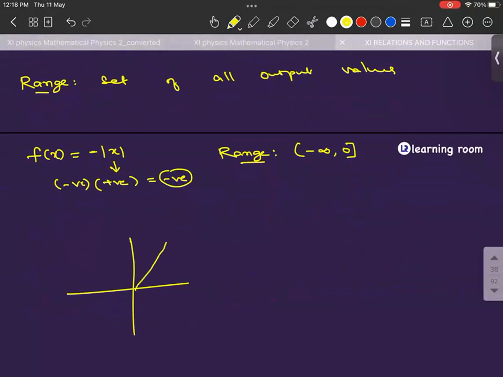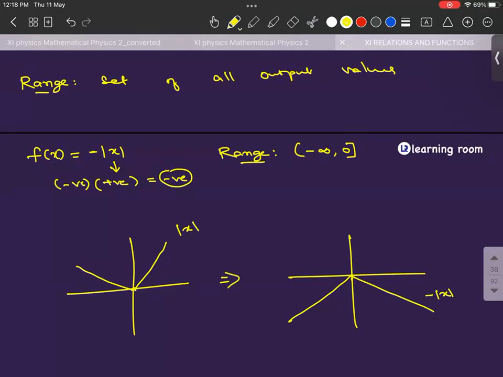Yes, sir. See, this is one way. We already saw the graph. Now, what graph is this? It's the graph for the modulus function, modulus of x. If you multiply the whole function with a minus sign, it will always get converted symmetric with respect to the x-axis. So this is the graph for minus of mod x. See, it's very simple.